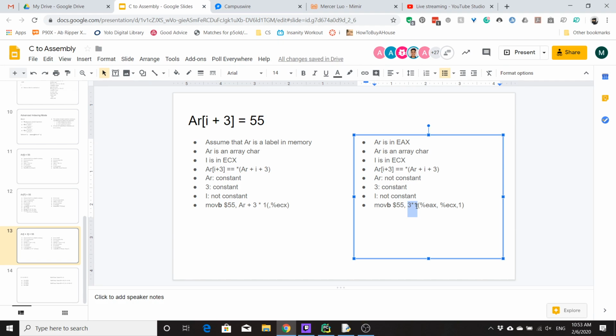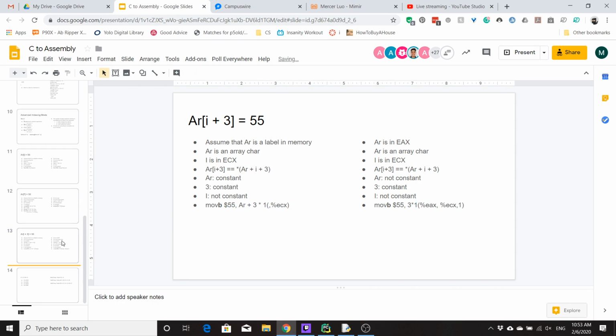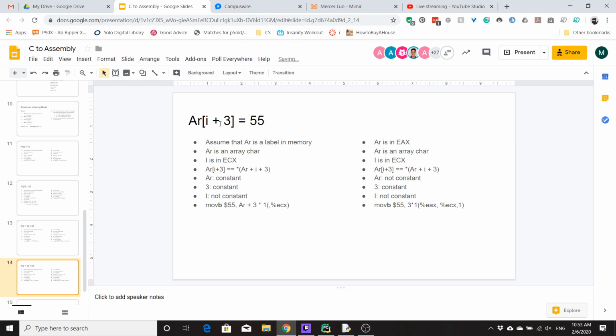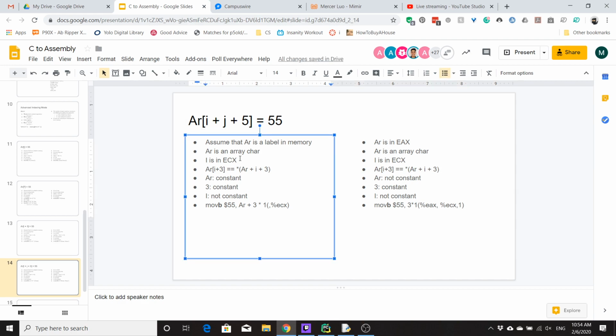So now I'll give you a real challenge. Let's say we want AR plus J, or plus AR at I plus J plus, say, 5. And we're going to assume again that I is in ECX and J is in EBX.